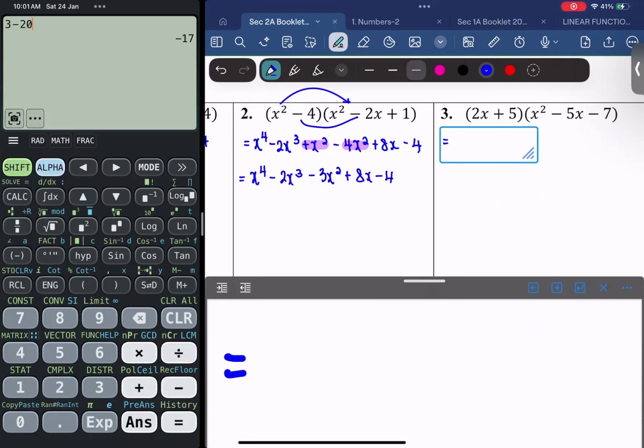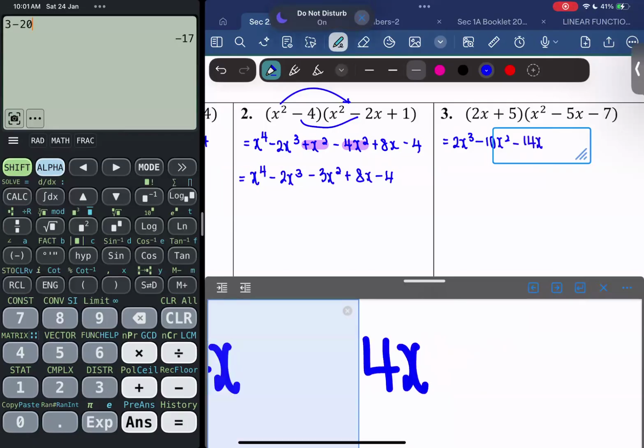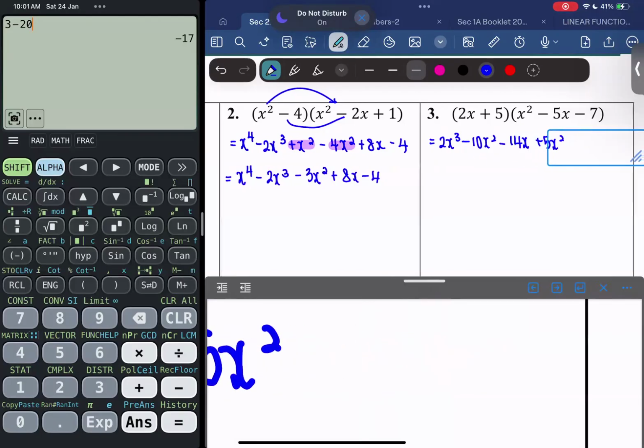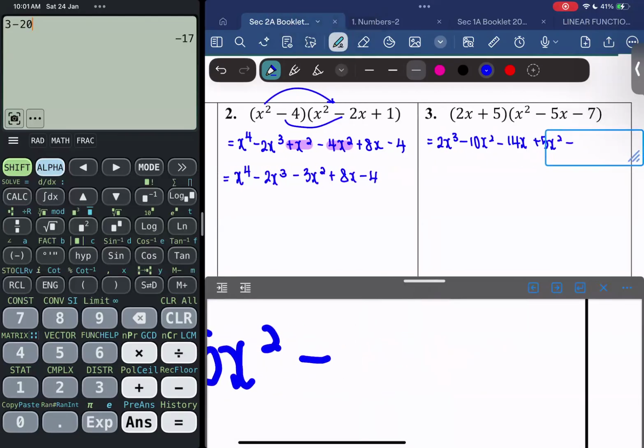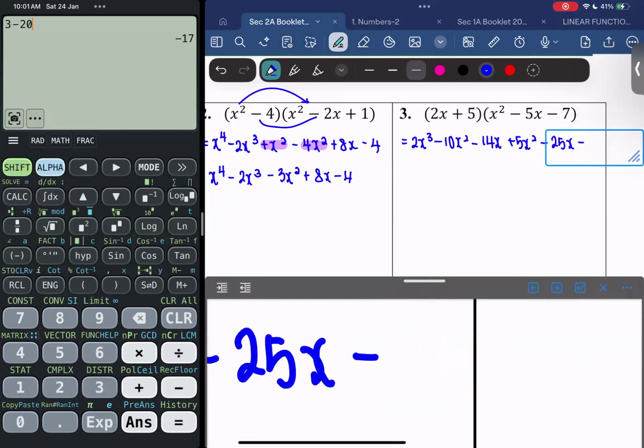2x to the power of 3, minus 10x squared, minus 14x, plus 5x squared, minus 25x, minus 35.